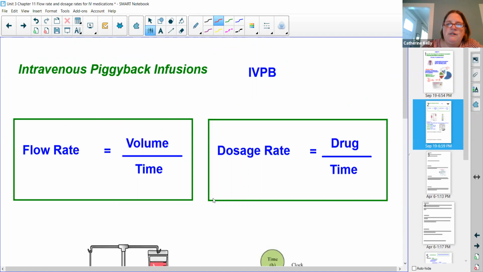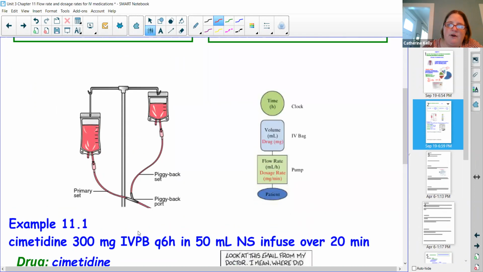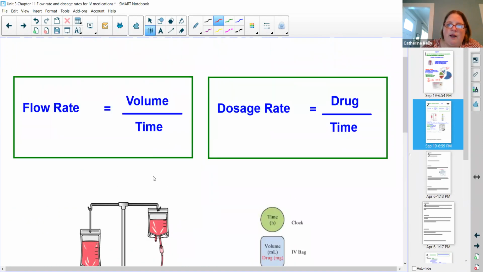IV piggyback infusions. Here there's a little medication in here and there's usually diluent in here and they come together. So the flow rate we're going to use is volume over time, and the dosage rate, because the drug rate that it comes down is going to be drug over time.